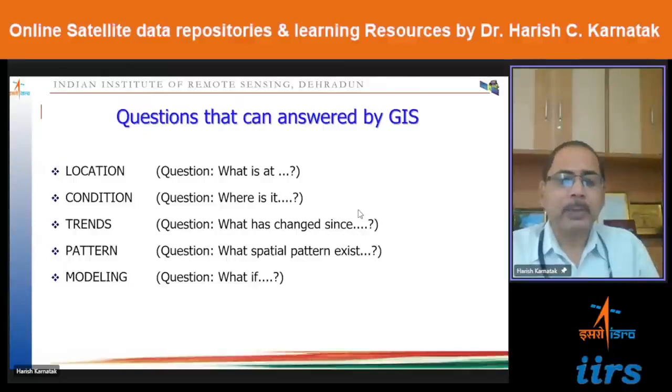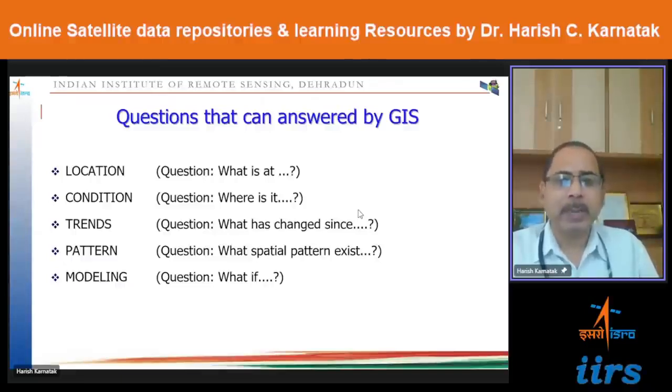The important aspect of trend analysis is that, based on the historical trend, we can plan our future development activities for their effective and best utilization. Another important capability of GIS is pattern recognition.